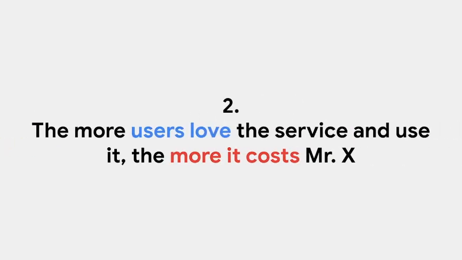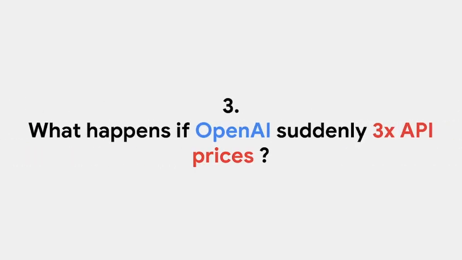So the more users love the service and use it, the more it costs Mr. X. By this, I mean the more they keep using the application and sharing to their friends, the more they use requests and the more Mr. X is going to pay for it. That sounds really crazy. The third point is, what happens if OpenAI suddenly triples their API price? How will Mr. X manage?